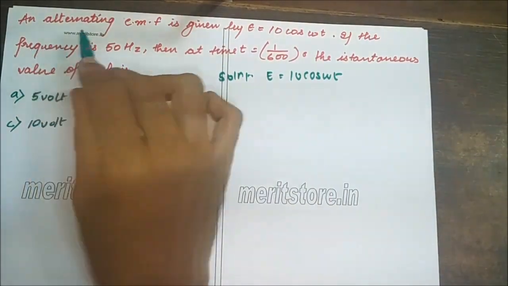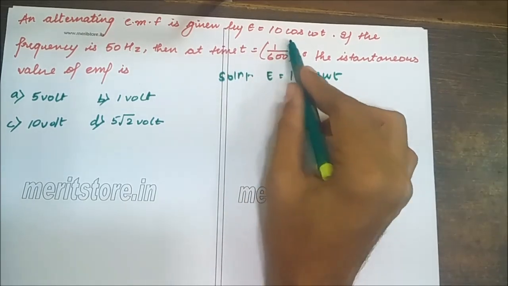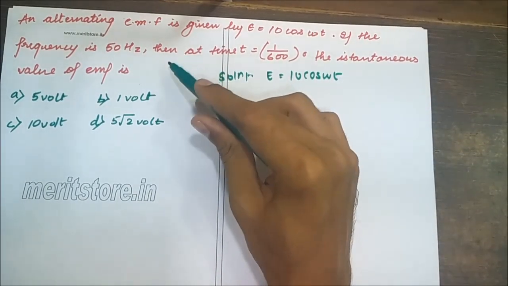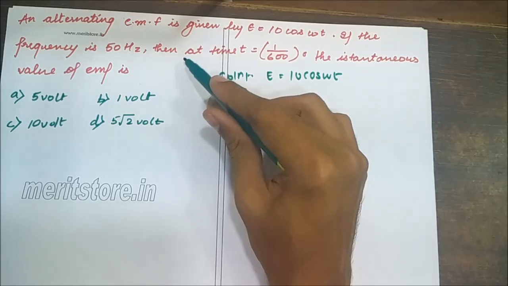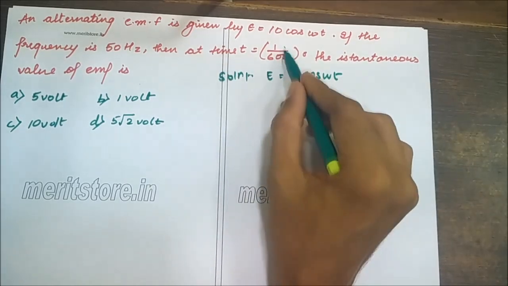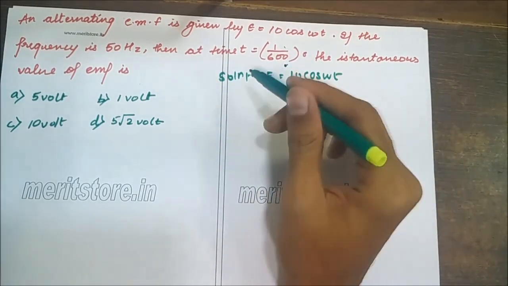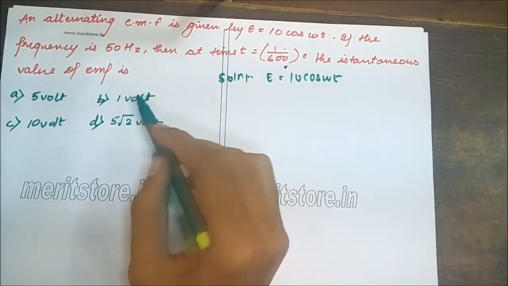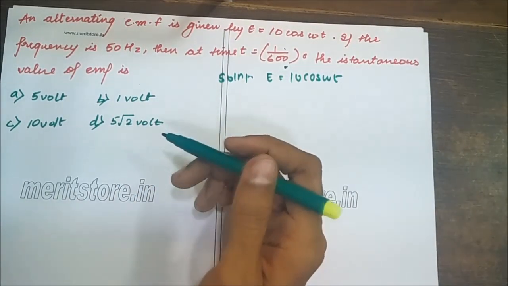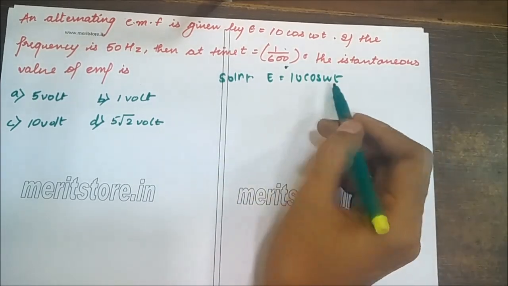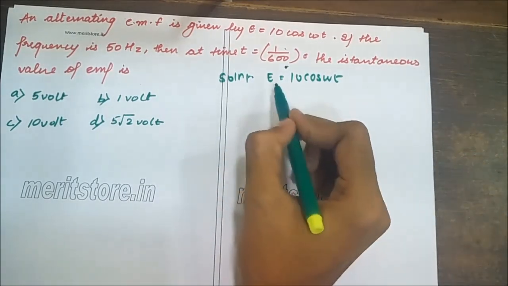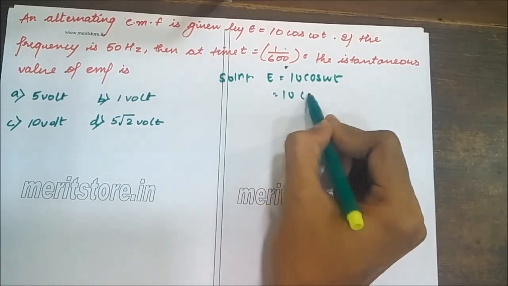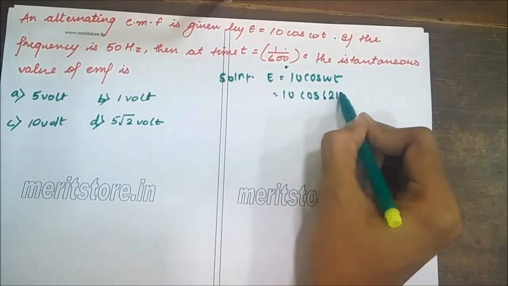An alternating EMF is given by E equals 10 cos omega t. If the frequency is 50 Hz, then at the time t equals 1 upon 600 seconds, the instantaneous value of EMF is 5 volts, 1 volt, 10 volts, or 5 root 3 volts. So here we have E equals 10 cos omega t, where omega is nothing but 2 pi n.